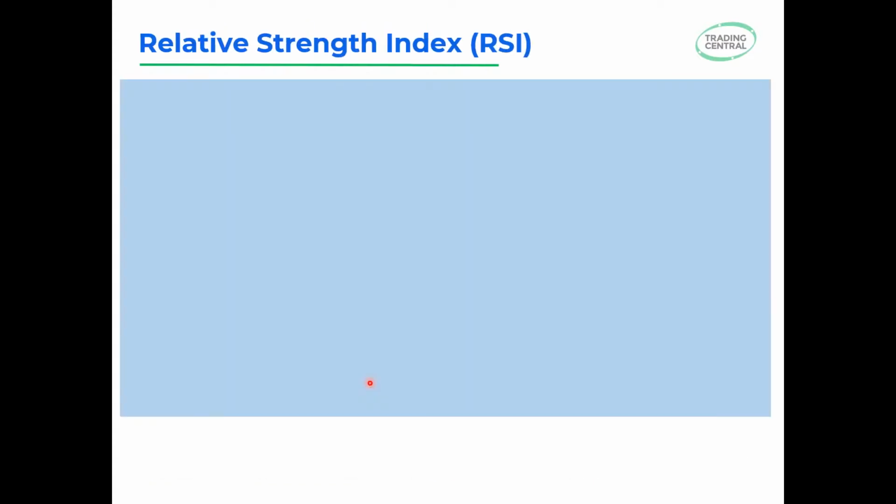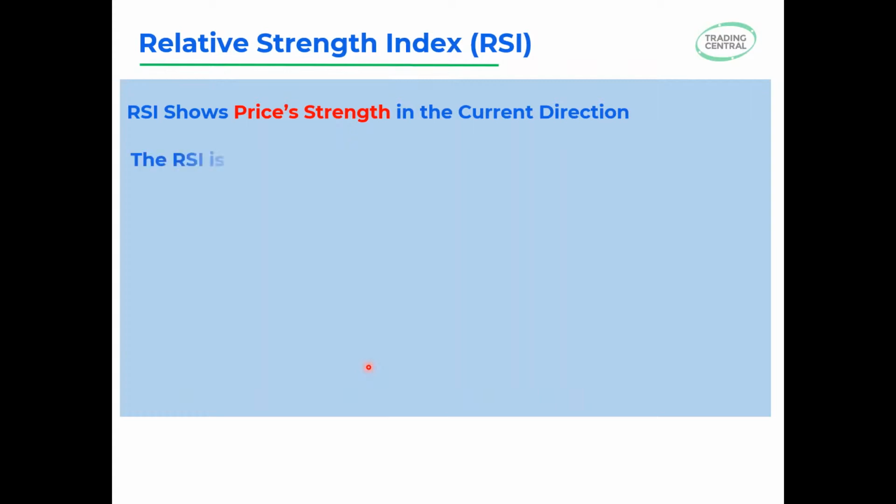Next one, RSI. You are very familiar with this one, but maybe you do not know how to use it correctly. In fact, it shows price strength in the current direction. It is an oscillator. What do we mean by oscillator?